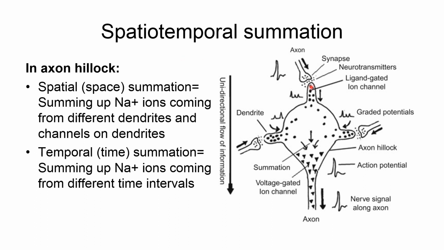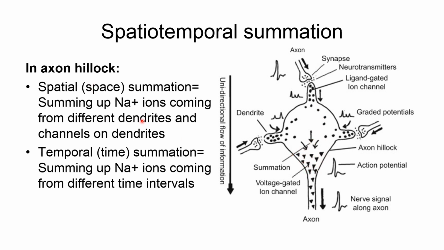In this diagram, we can see that sodium ions are entering from different dendrites into the neuron, and the entry of these sodium ions gets summed up in the axon hillock.